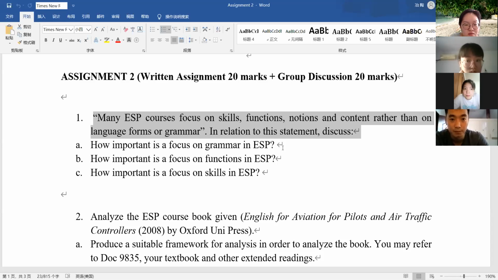So our draft is that firstly we must admit the importance of grammar in ESP. In ESP courses, focusing on grammar is not the most important, but it's needed. And we think grammar is the foundation of ESP teaching.